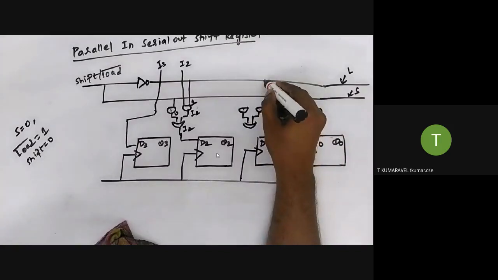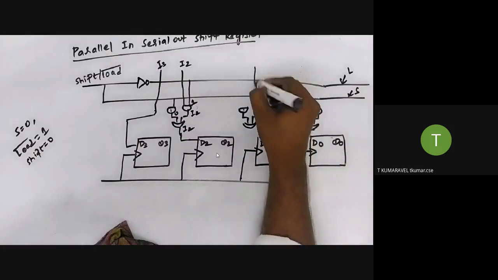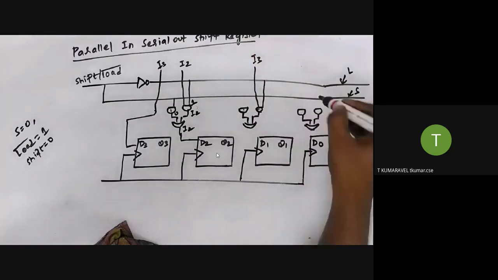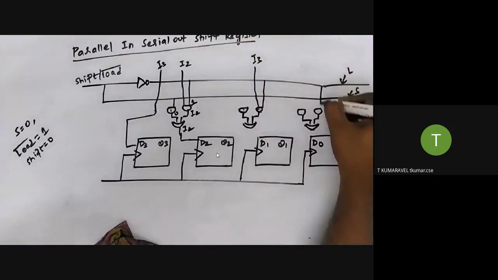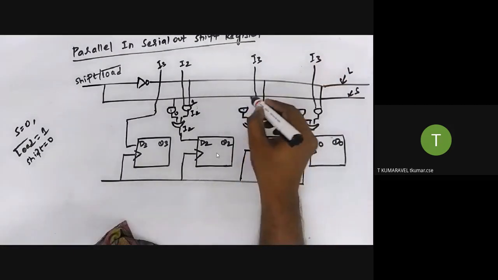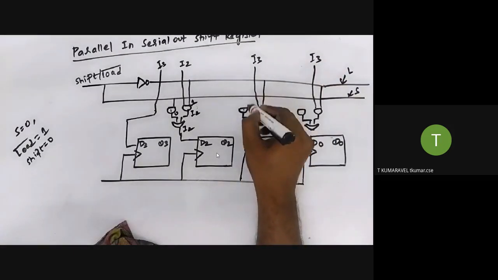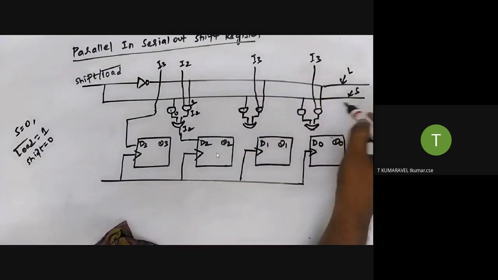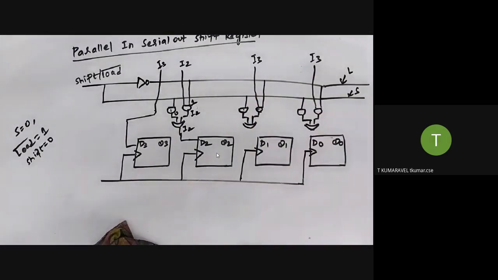So one of the lines is connected with the load, another line will accept the data from the user. Similarly, one of the lines is connected with the load signal, and another line accepts the data from the user. The next AND gate is connected with the shift register.